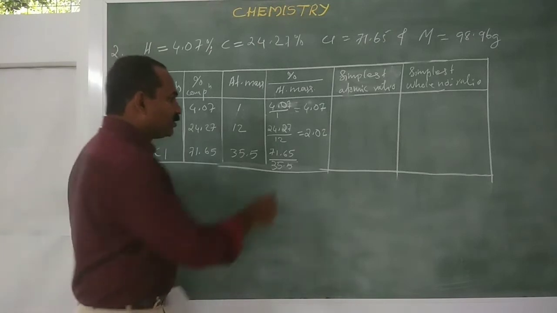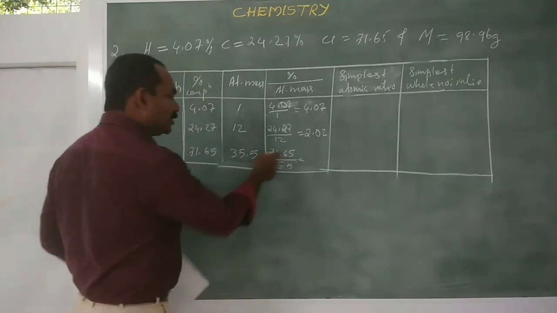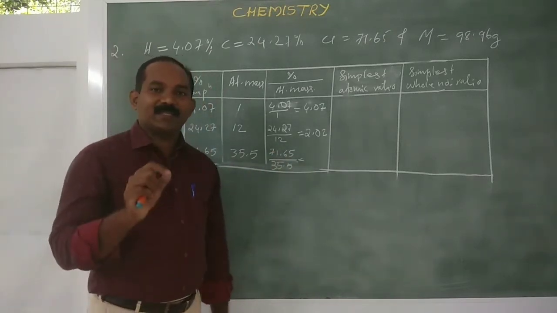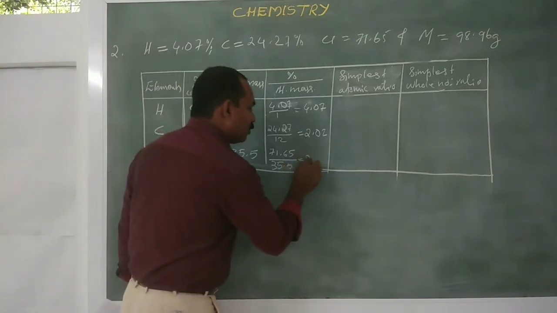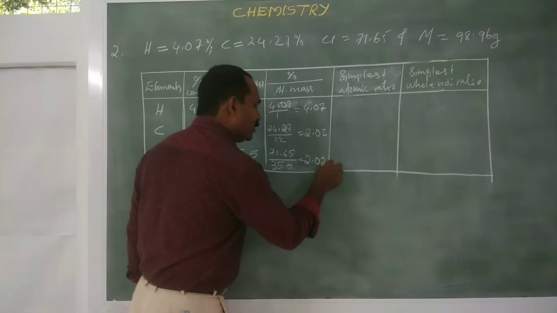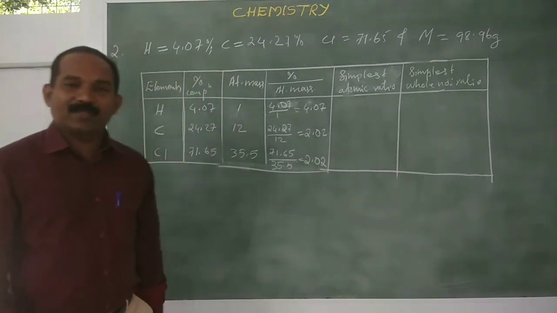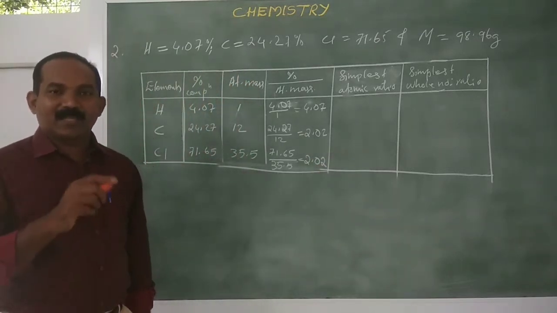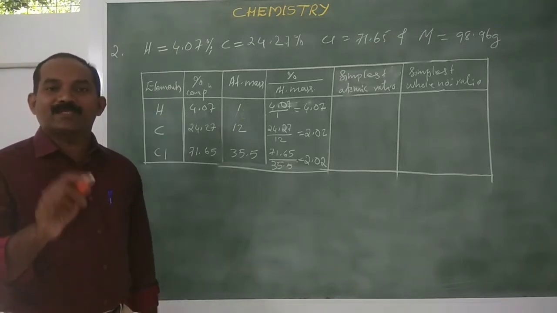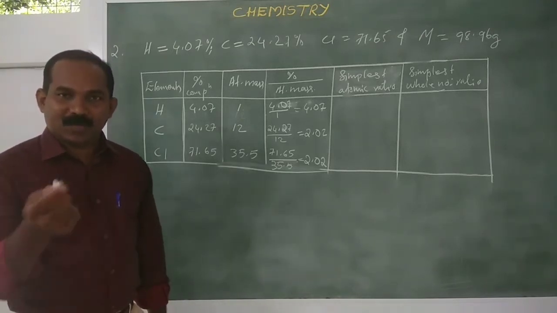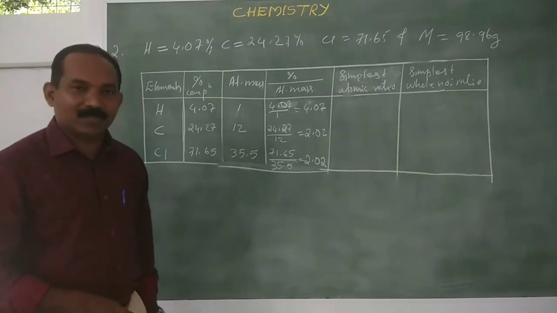When you divide, the answer is 2.019, so round off to 2.0.